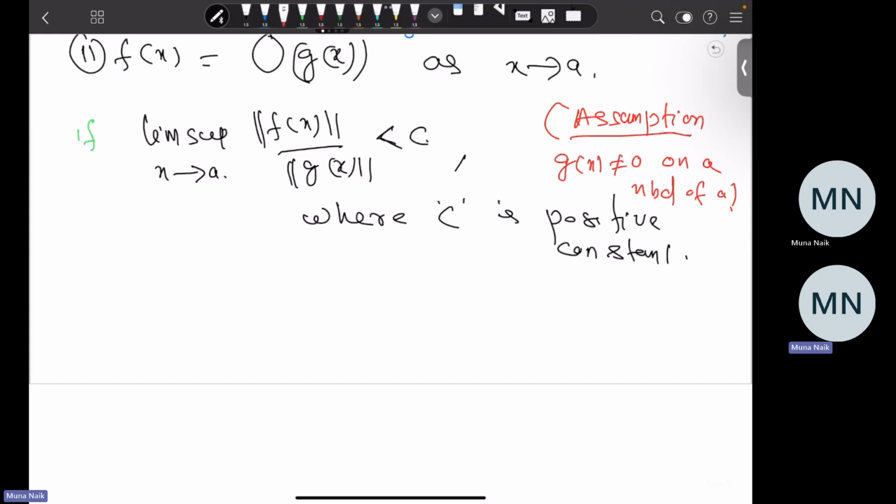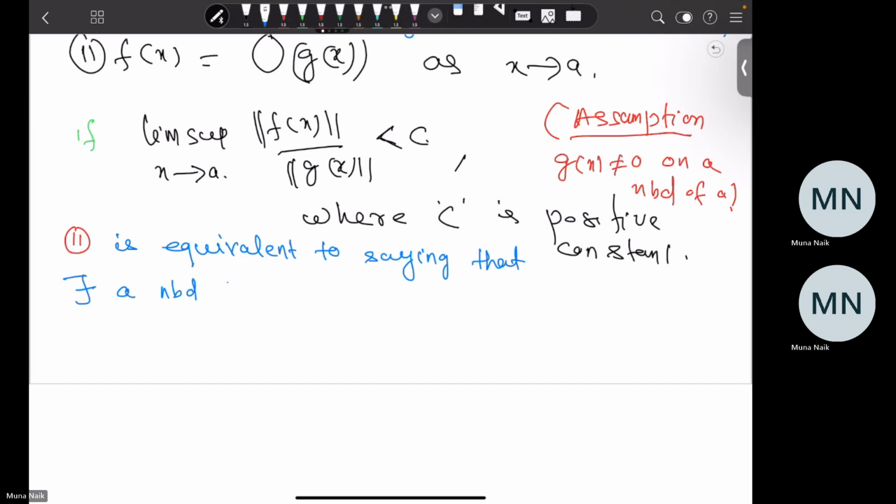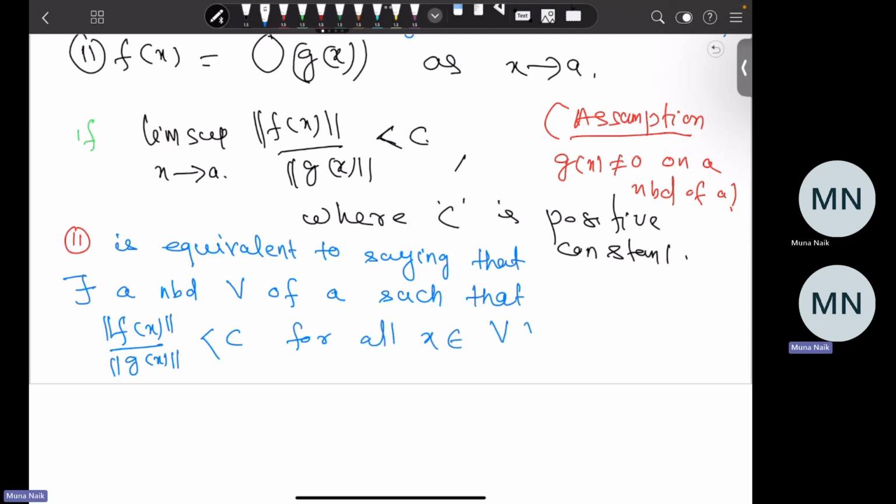This condition 2 is equivalent to saying that there exists a neighborhood V of a such that norm of f(x) by norm of g(x) is less than c for all x belonging to V minus {a}.